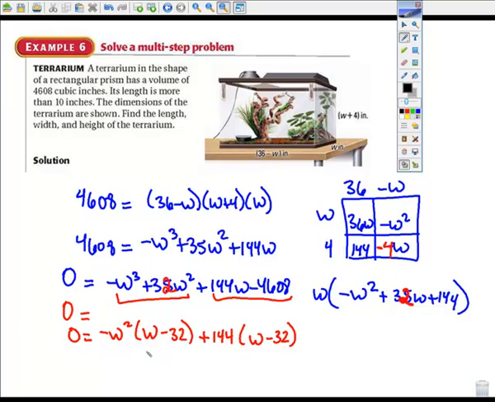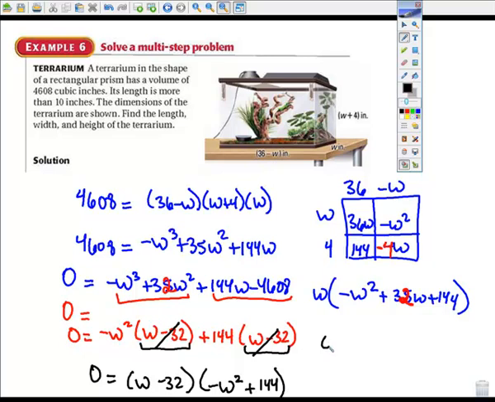So now I see that I can factor out a W minus 32. And when I factor it out of the first part, I get a negative W squared. When I factor it out of the second part, I get a positive 144. It might be better for us to write it like this.